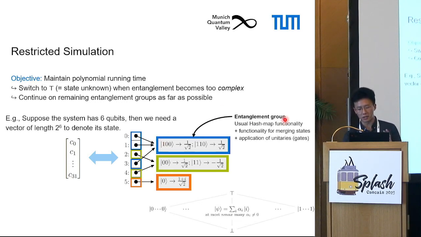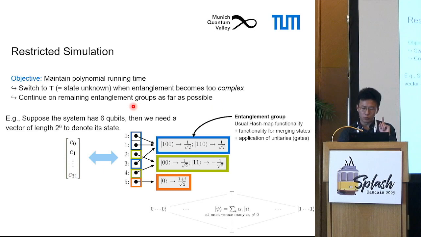Inside each union, we maintain only non-zero coefficients of the computational basis. In this sense, for this example, instead of using a complex vector of length 32, we only use 1, 2, 3, 4, 5 pieces of value to represent the state of our system.